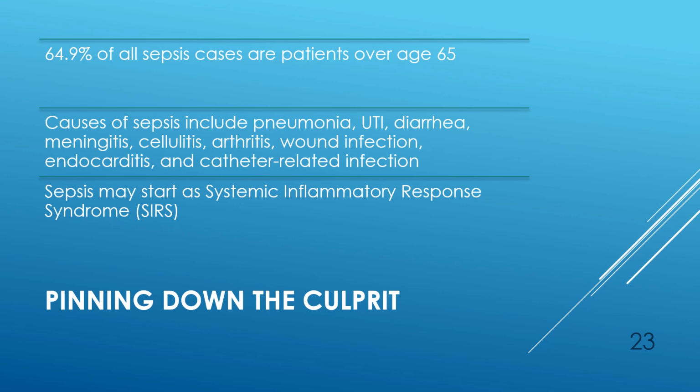It could be pneumonia, it could be a urinary tract infection, it could be meningitis, it could be wound infection, it could be endocarditis, it could be a catheter-related infection. And so any of these conditions can cause sepsis. But sepsis may start first as systemic inflammatory response syndrome, which I'm going to get a little bit more into in the next slide.